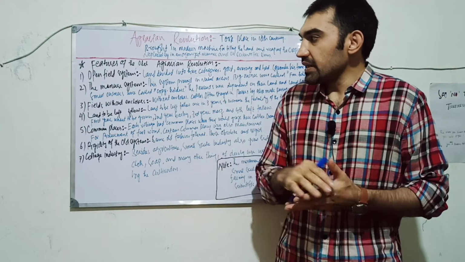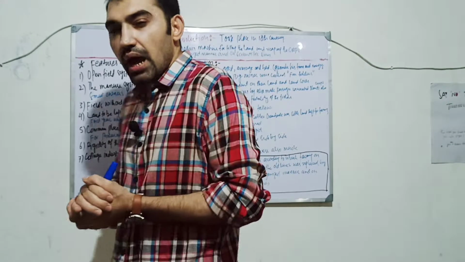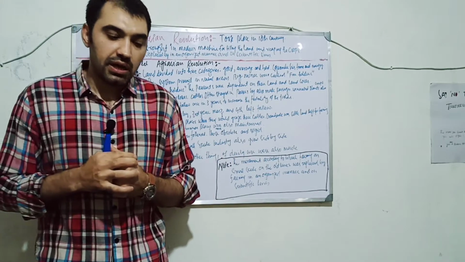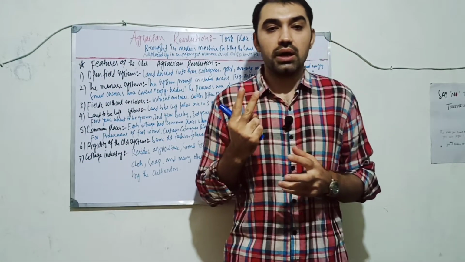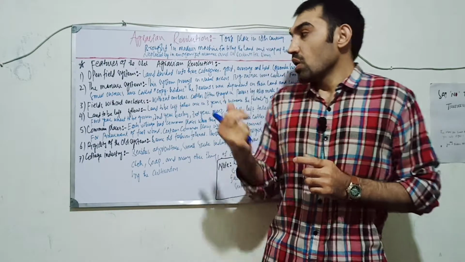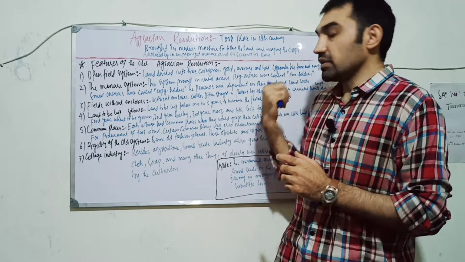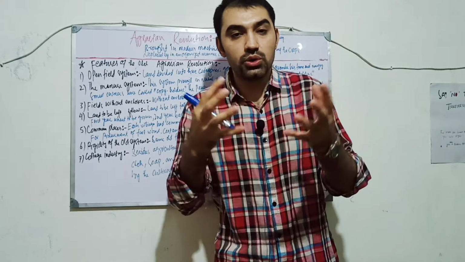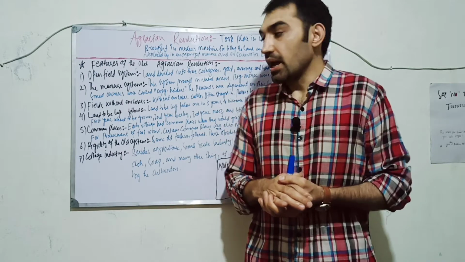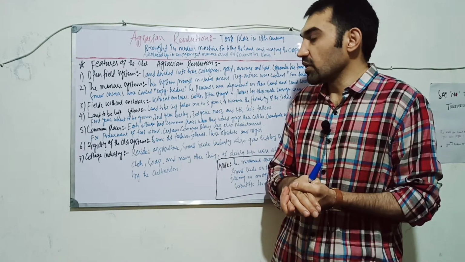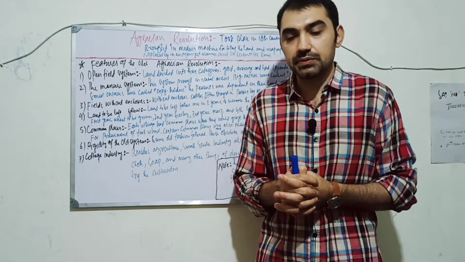The second is the manure system. In the manure system, the landowners were divided into two categories. One was called the freeholders, who owned large lands, and the other was the copyholders, who owned small lands.